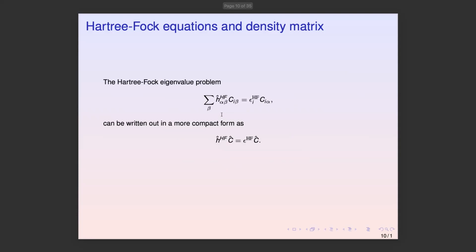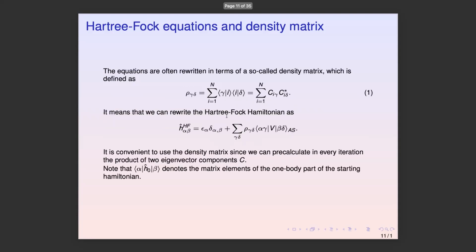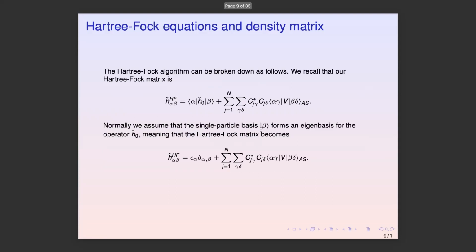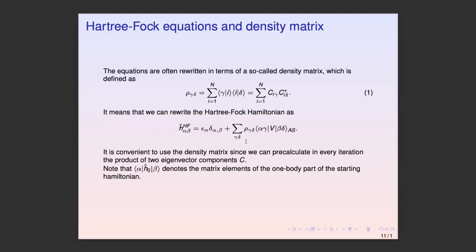And what is common to do then, when we have the equations here, is to rewrite them in terms of the density matrix. And the density matrix is simply given by the sum over these coefficients, as a function of the number of particles. That means that if you go back to the sum you have here, this specific sum, you can single out the sum over j, calculate the density matrix, this quantity here, and just plug that one in here in each calculation.